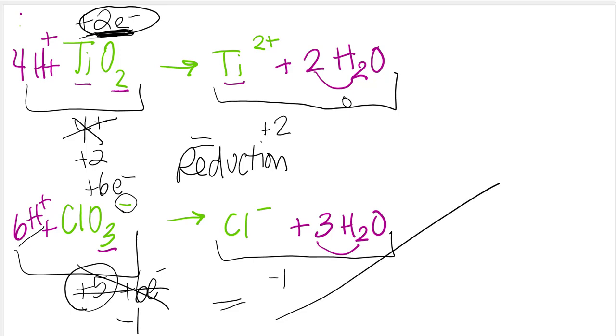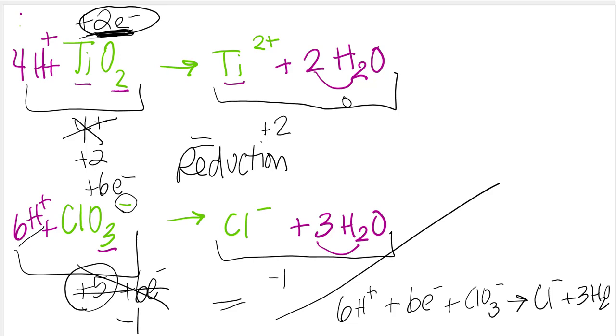Therefore, if I wrote my net equation now, I would have 6 H pluses, and again, this is just for my half reaction, plus 6 electrons, plus ClO3 minus, and on my product side, I would have Cl minus plus 3 H2Os.